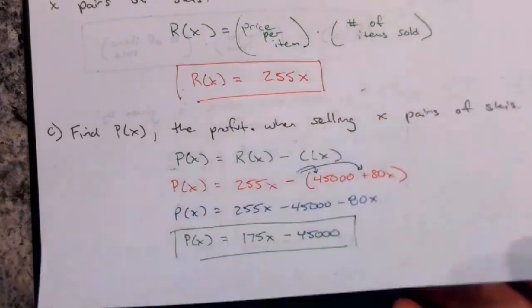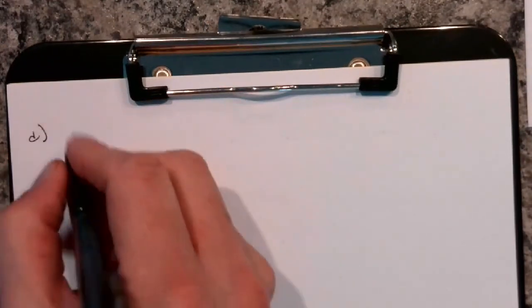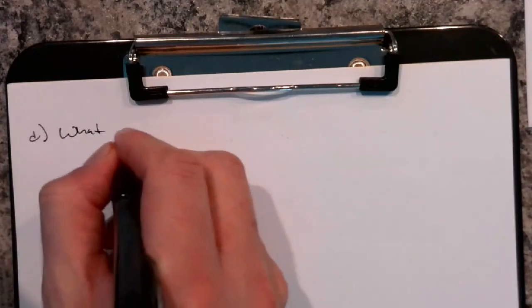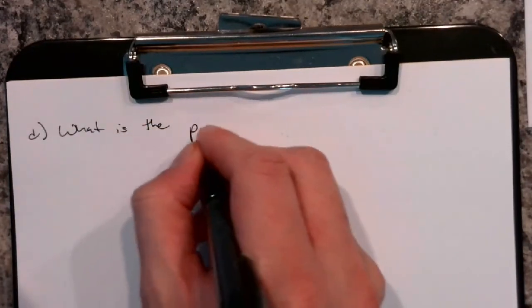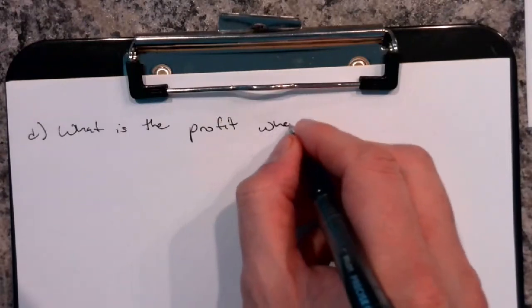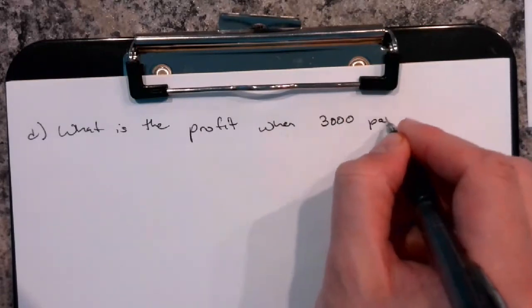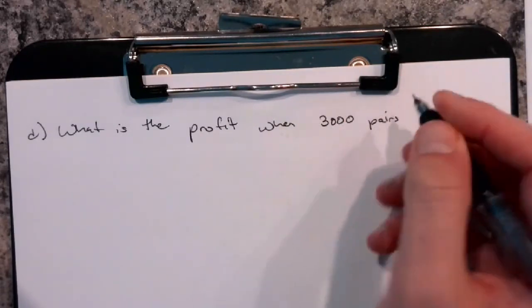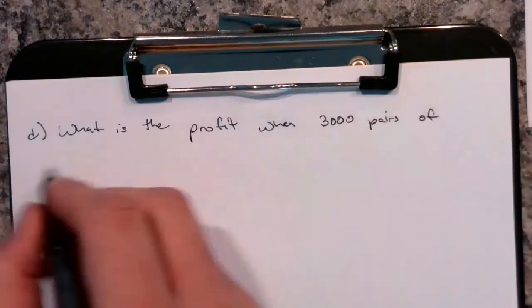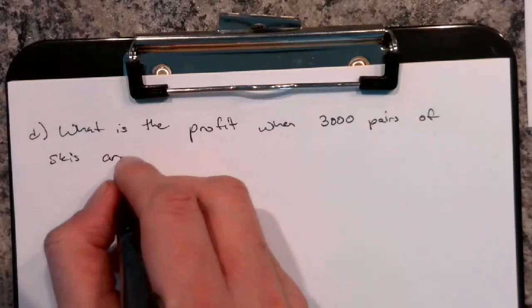So if I were to ask you, we'll just do this on the next page. I'll call this letter D. What is the profit when 3,000 pairs of skis are sold?